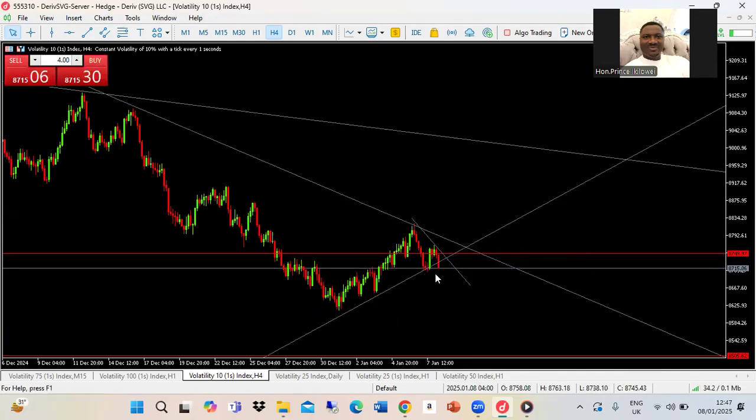So let's watch out for a possible sell continuation. If we have to look for a buy position, it must break. If I have to buy this market, it has to break through this one here and then retest back to this line. That's when I will look for buy opportunities here.